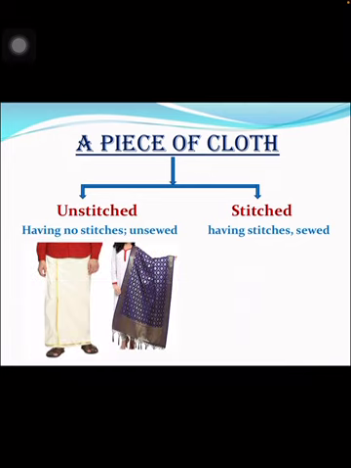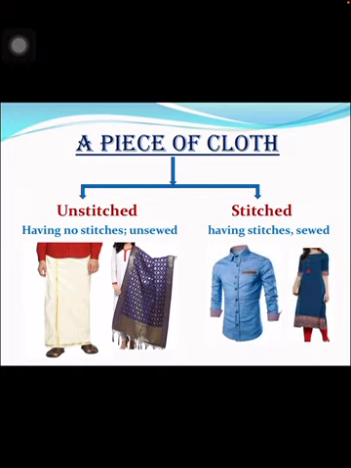Look, you can see examples of unstitched clothes: the lungi, the traditional dress of men especially in northern and southern India, and the dupatta. Now look at examples of stitched cloth. You can clearly see the shirt and the kurti, which are examples of stitched clothes.